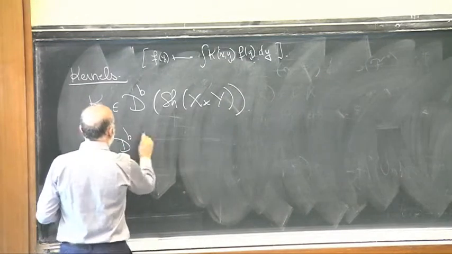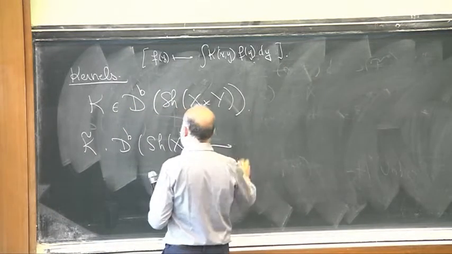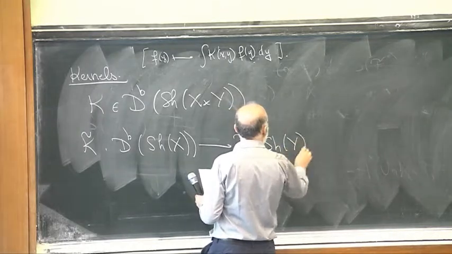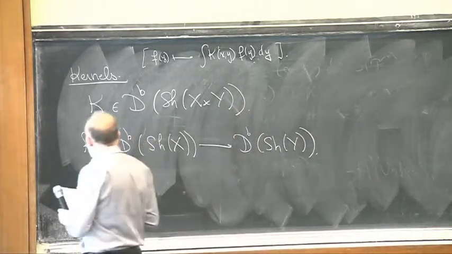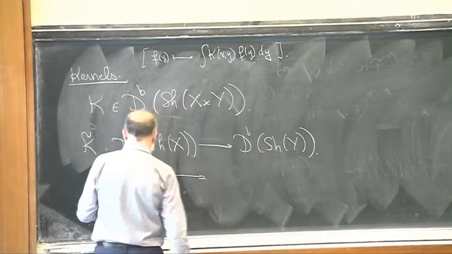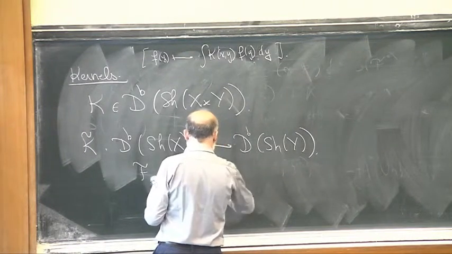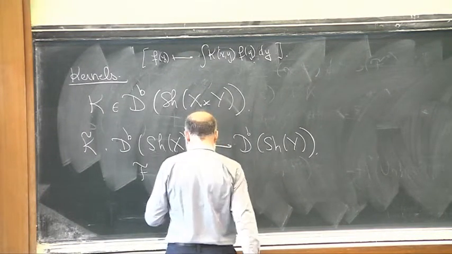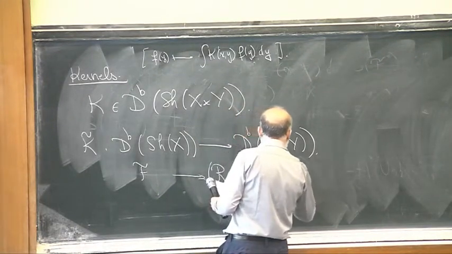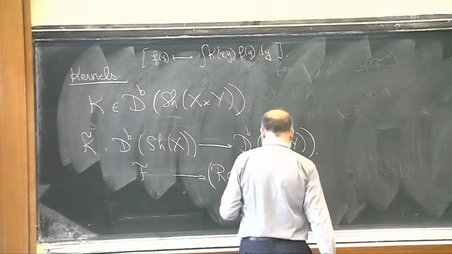So this is going to go from the derived category of sheaves over x to the derived category of sheaves over y. And it's given by some unpleasant formula with lots of R of objects here, lots of derived functors.